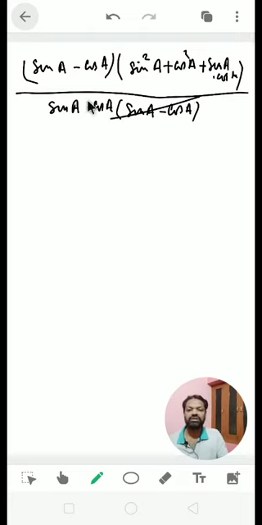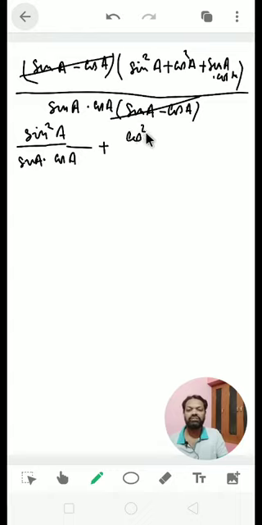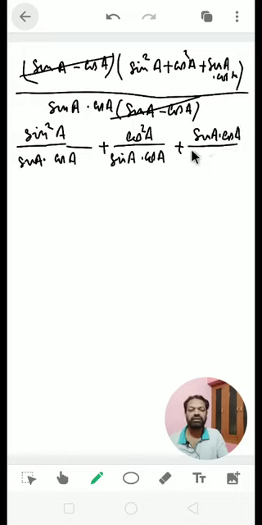So these two expressions are being cancelled here, and we are getting sine square a by sine a into cos a plus cos square a, again it is sine a into cos a, and ultimately here also sine a into cos a by sine a into cos a.